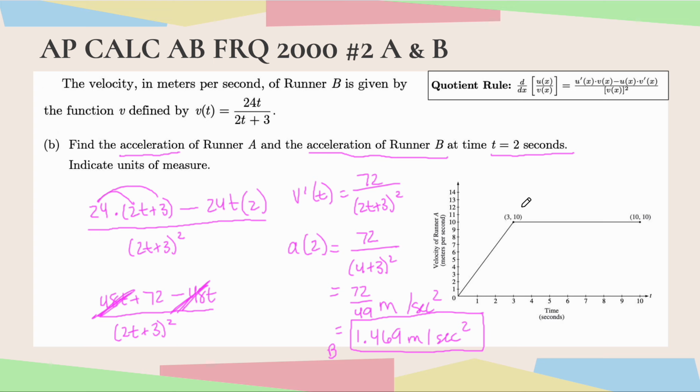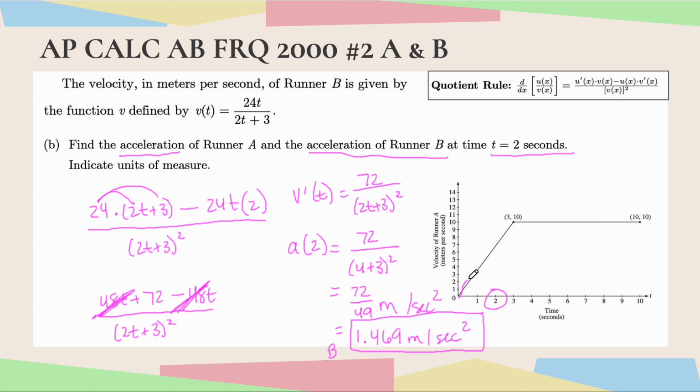Okay, now let's do a similar thing for runner A. So again, for runner A, we're going to be using this graph here. So again, the acceleration is the derivative of the velocity. What does that mean? What is the derivative? The derivative is the slope, right? So all we have to do to solve this is get the slope of the function at time equals 2.